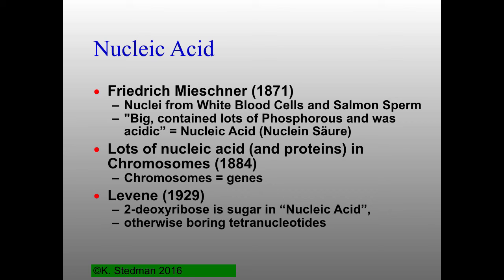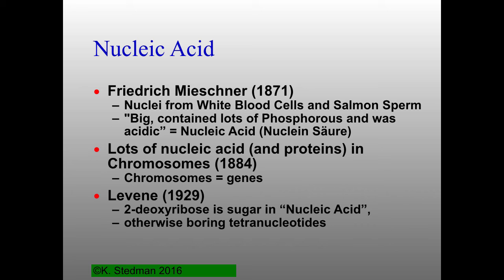Turns out that sperm is basically nucleic acid. There's very, very little else in sperm, a few mitochondria. But that's about it. Eggs are a different story. They're way more complicated. But in order to get large amounts of DNA, salmon sperm was one of the things that was very heavily used. We still use it today in the lab. Over 100 years later, salmon sperm DNA is a really easy way to get a whole bunch of DNA. So that's where it came from.